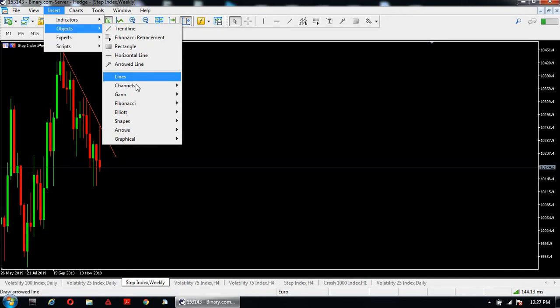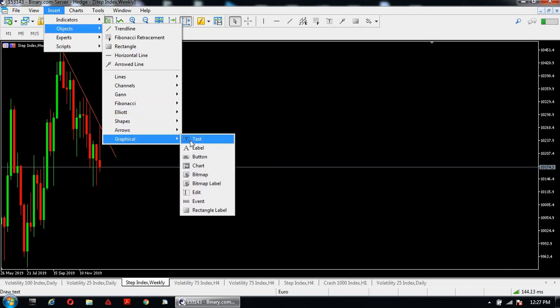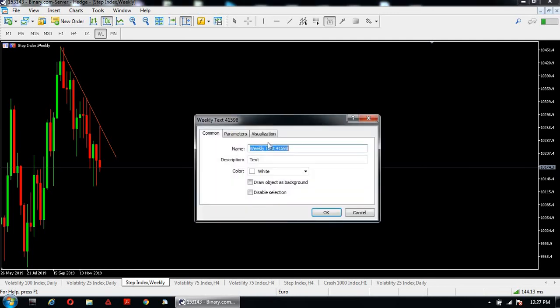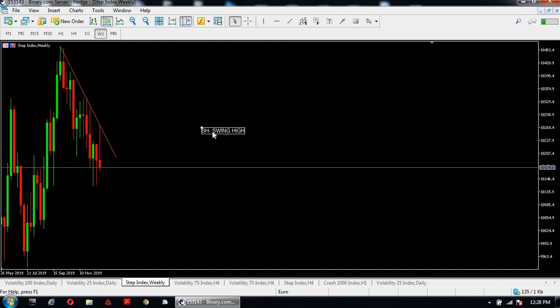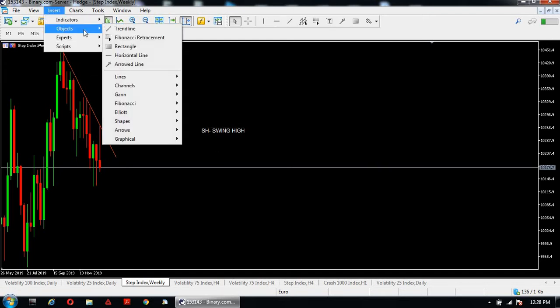The structure of the market is clearly bearish. So come with me guys, let's see what's playing out here.